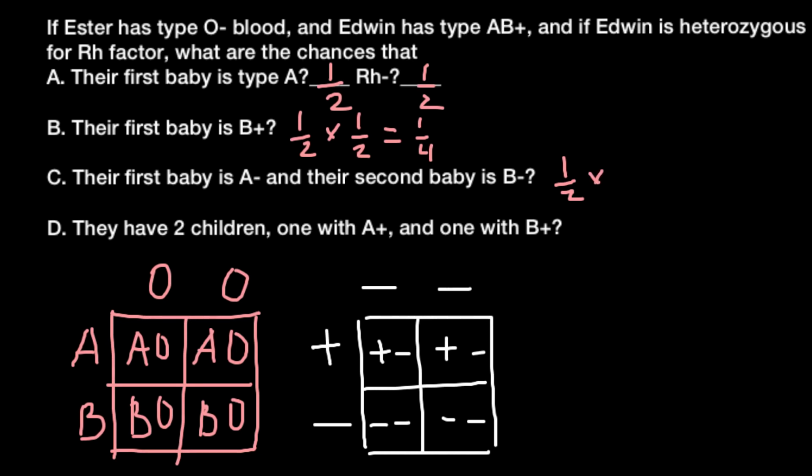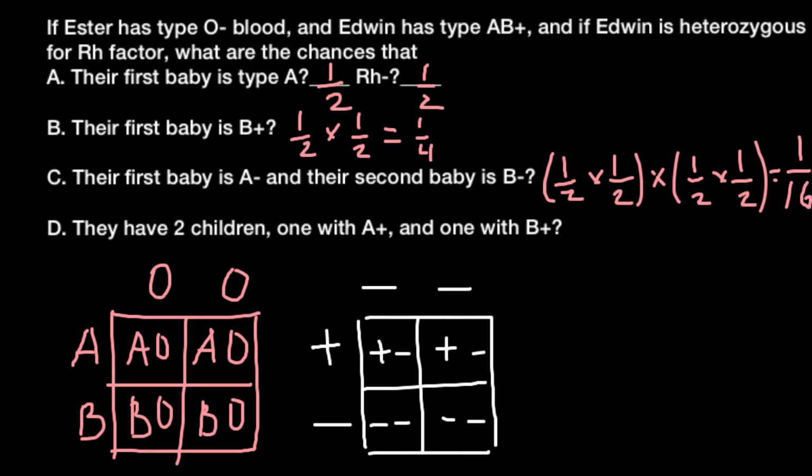So we have to multiply these independent probabilities, and the second baby is B negative, so this is the first baby, and here is the second baby. Once again, the chances are the same, and the answer would be 1/16. So this would be the probability to have the first baby A positive and the second baby B negative.